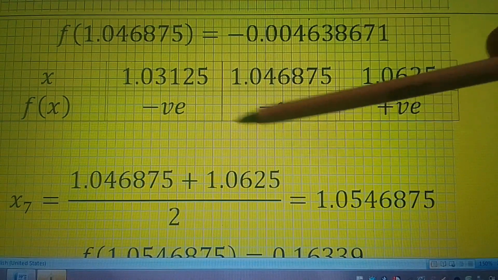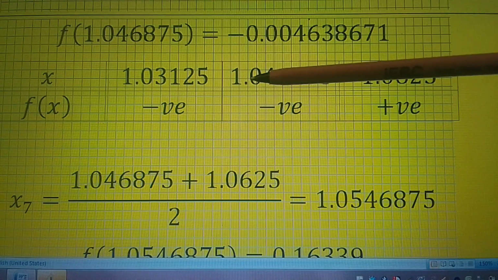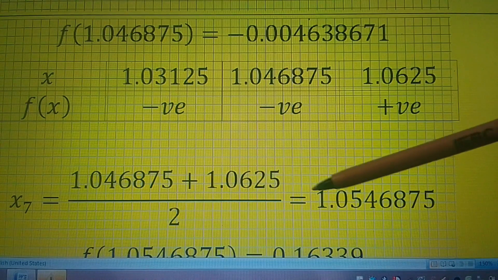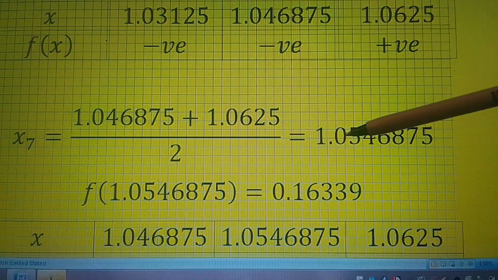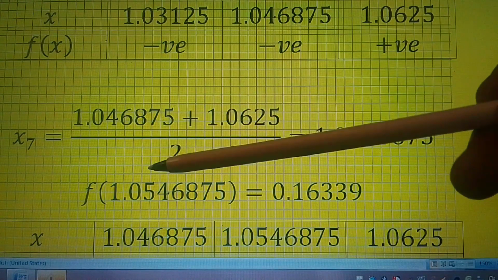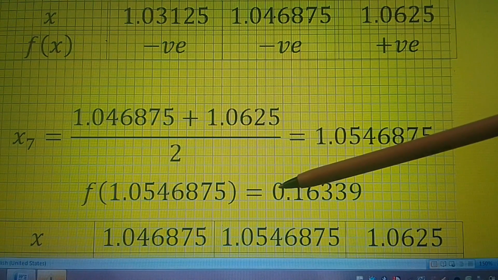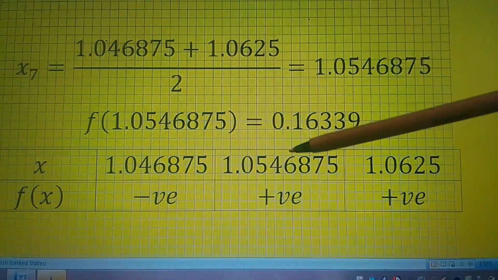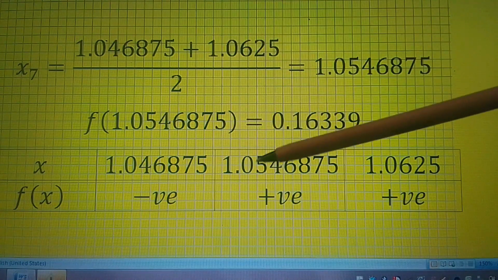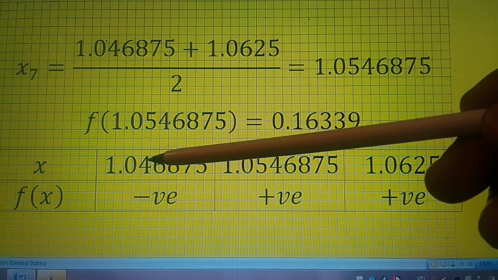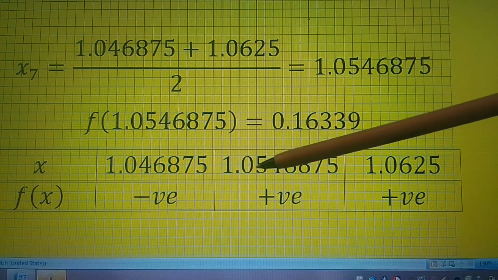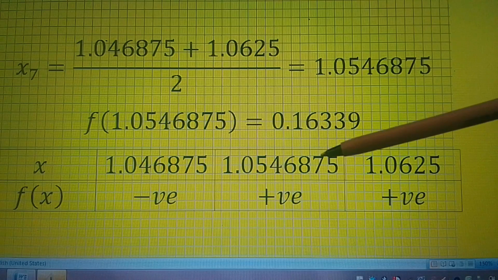For x7, we pick x6 plus 1.0625 divided by 2, which gives us 1.054685. f of x7 is positive. So the root shifts again to between 1.046875 and 1.054685.